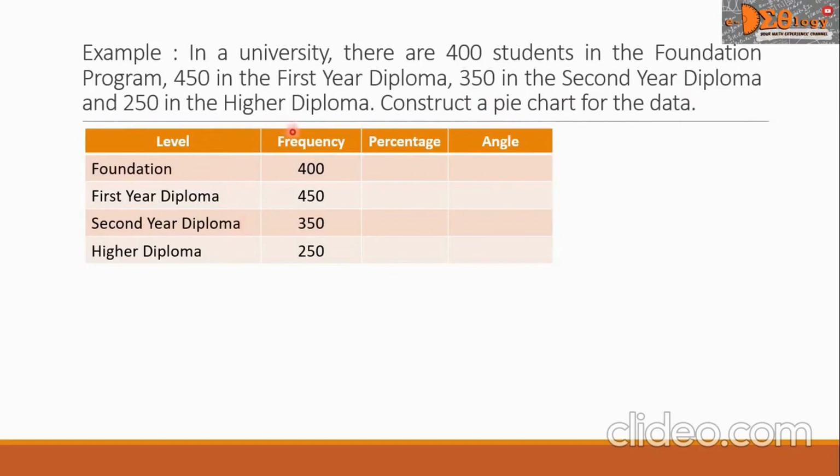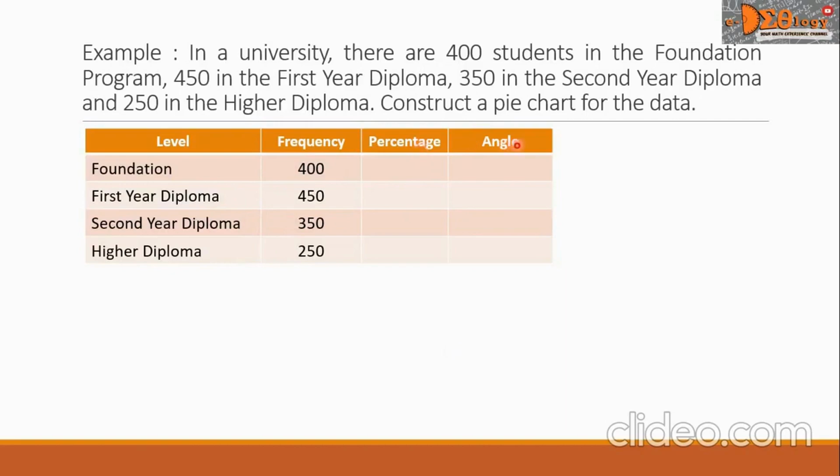The next column is for the frequency. There are 400 students in the foundation program, 450 students in first year diploma, 350 students in second year diploma and 250 students in higher diploma.